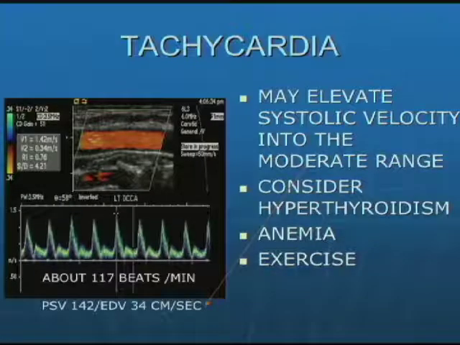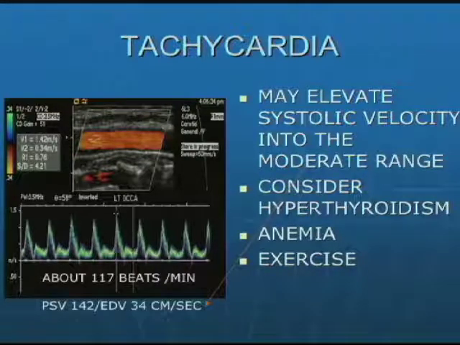Here is an opposite finding, which is tachycardia. This patient has about 117 beats per minute, and that may elevate systolic velocity into the moderate range. Usually, end diastolic velocity will remain below the normal of less than 40 centimeters per second.